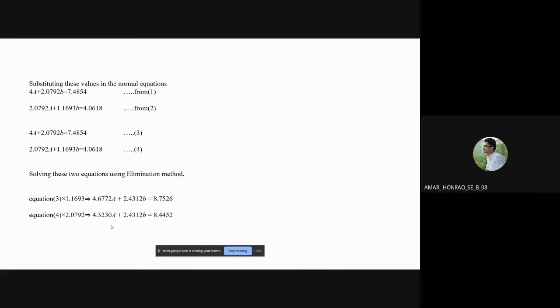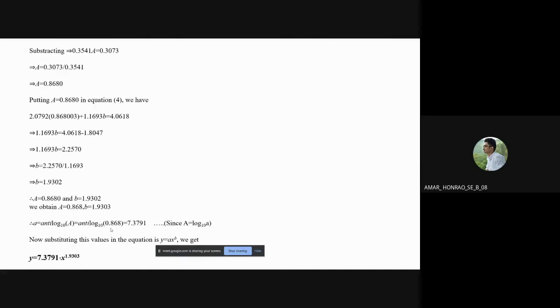By solving these two equations using the elimination method, we multiply equation 3 by 1.1690 and equation 4 by 2.0792. Then we get 4.672A plus 2.43b equals 8.75, and another equation, 4.32A plus 2.43b equals 8.44.